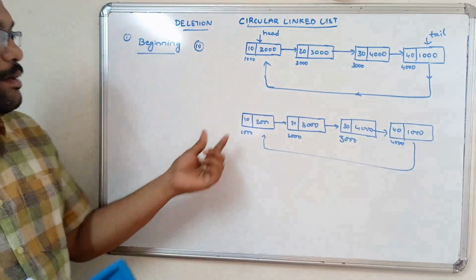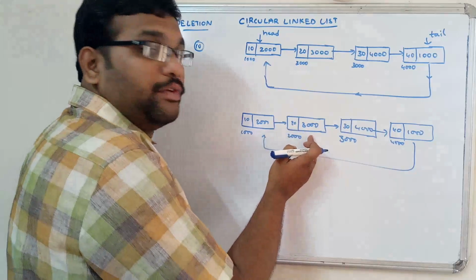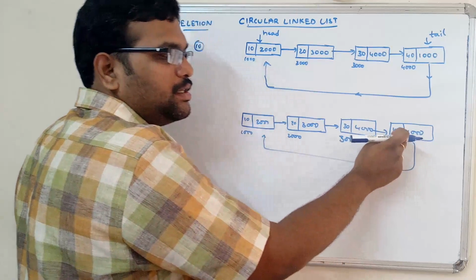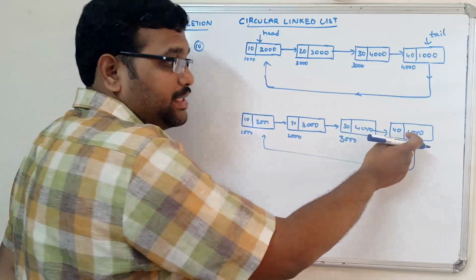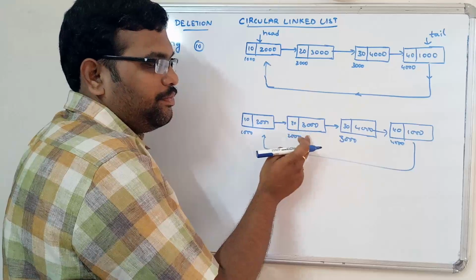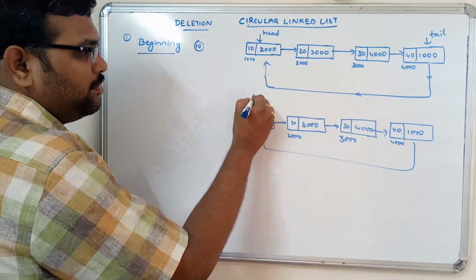If you delete this element, the head must be moved to 20 and the address field of the last node should contain the address of the second one. Right. Now let us check it out.